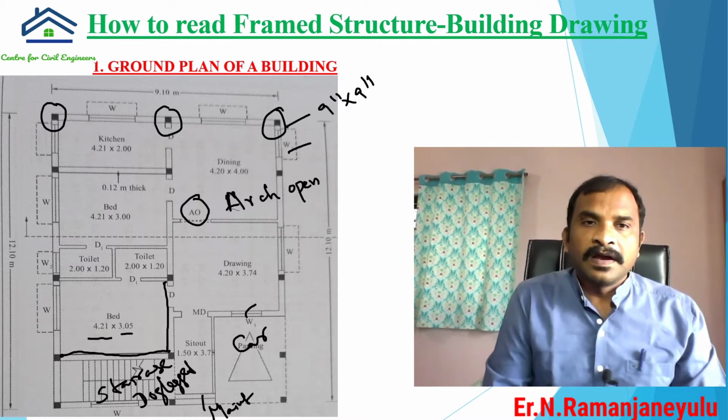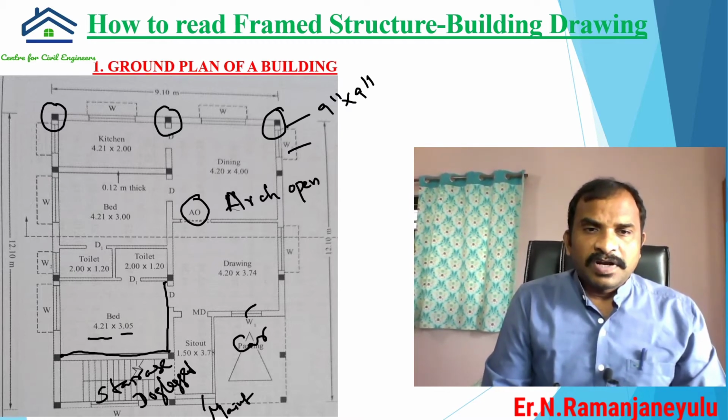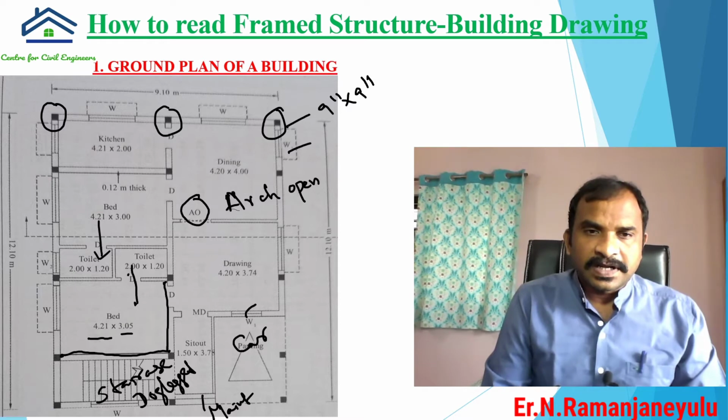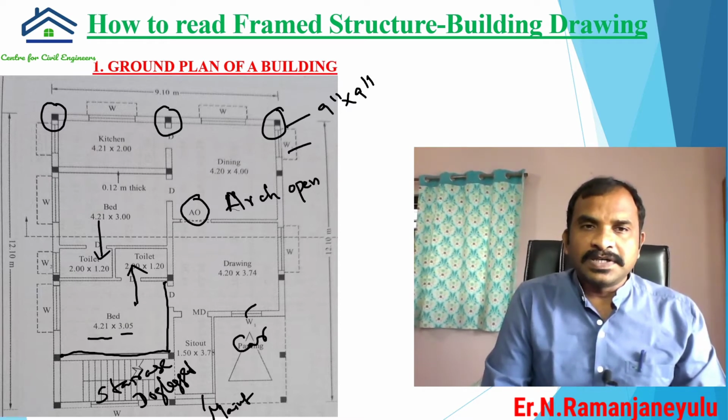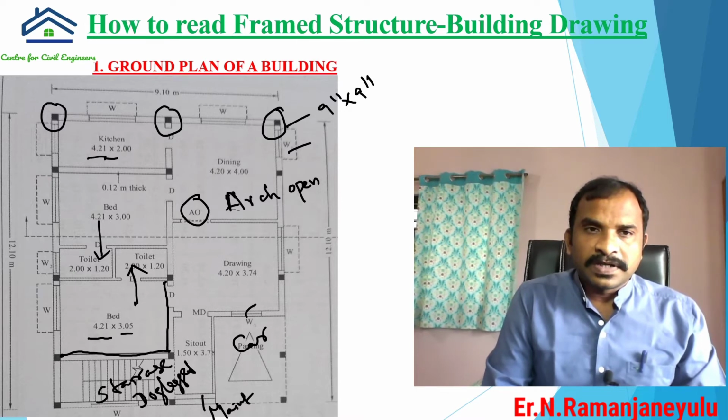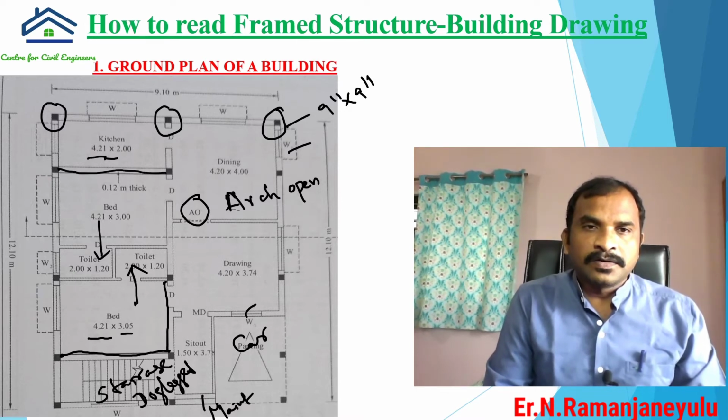in section. And here this is one bedroom, this is another bedroom. For both bedrooms there is an attached toilet. Here this is the attached toilet, and here we have the kitchen, and this kitchen size is 4.21 meters, which is this one, and 2 meters is from here to here.